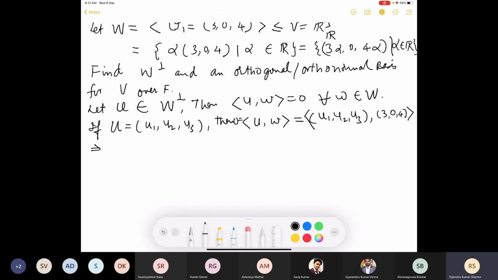That makes 3U1, then U2 times 0, which is 0, and then 4U3. This 0 means the zero vector of V. So we have got 3U1 plus 4U3 equal to 0.